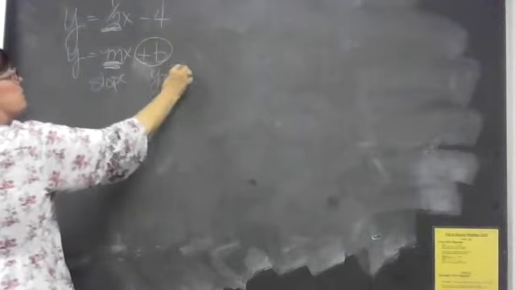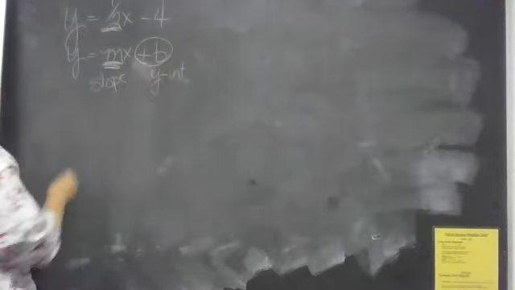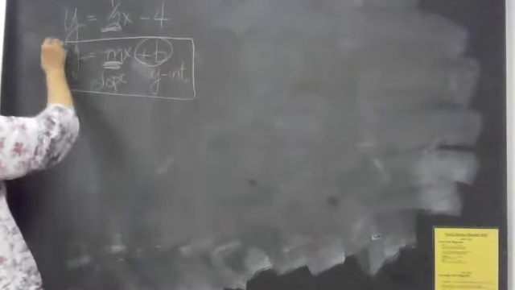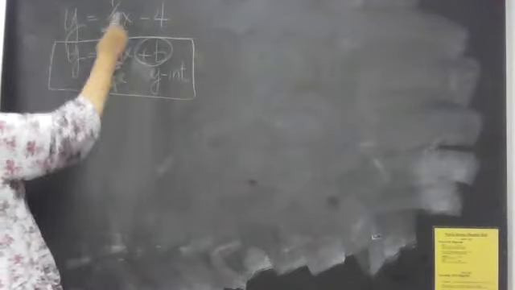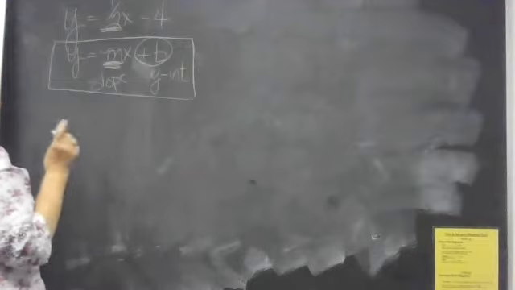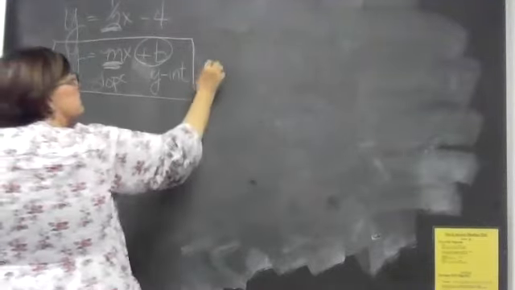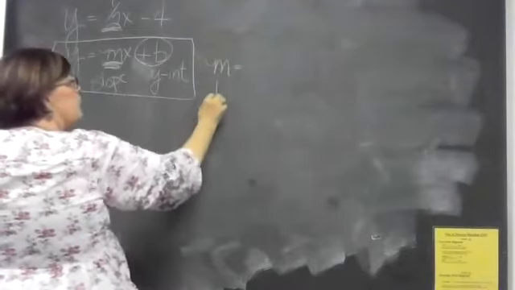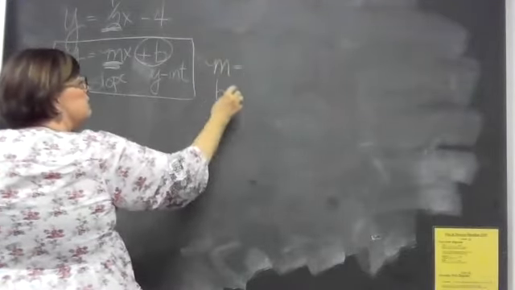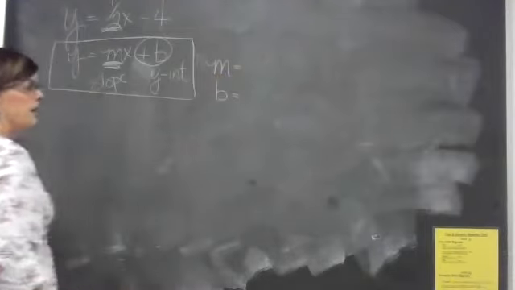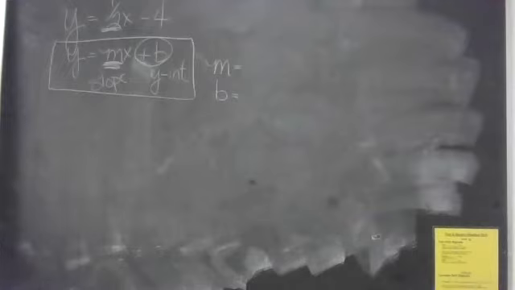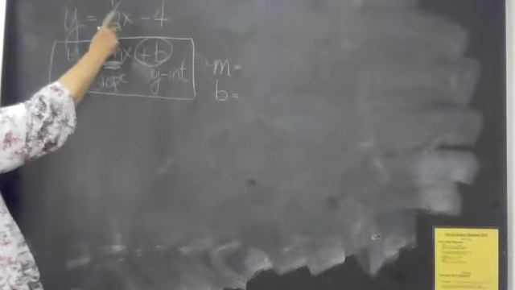It will be a point on the y. So when you look at the equation that we're working with right now, you need to be able to pick out two things. You need to be able to tell me what the slope is and tell me what the y-intercept is. If you know these two things, you can graph a line. You don't have to use a t-chart, anything. So this is the problem that we're working.